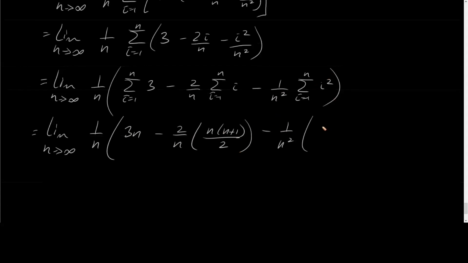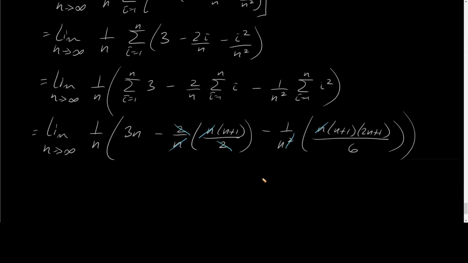The summation of i², that was n(n+1)(2n+1)/6, right? And at that point, well, let's see what we can do. Let's distribute, let's reduce, let's do as much as possible here. This n cancels out that n. This 2 cancels out that 2. This n reduces this n. And that's pretty much it so far.